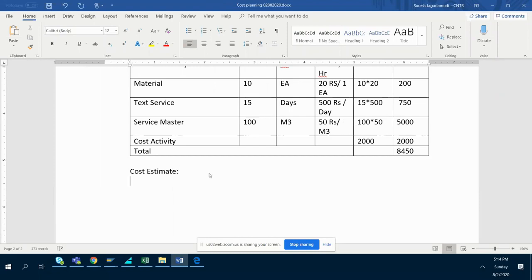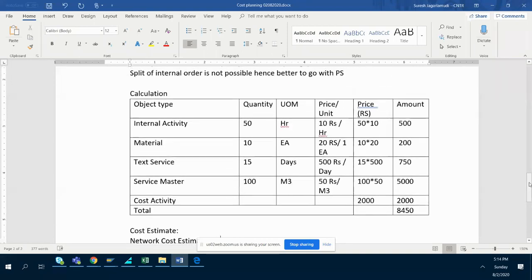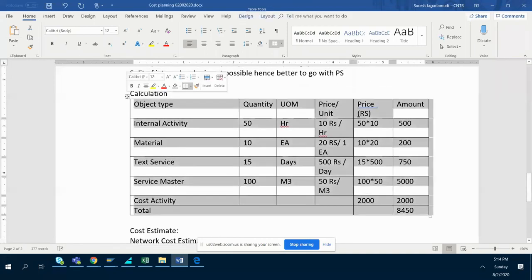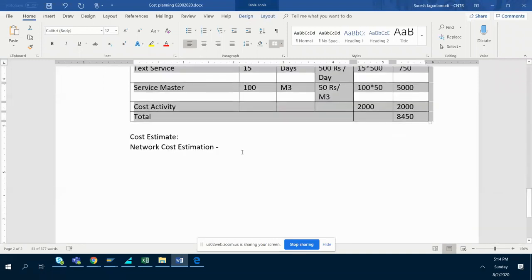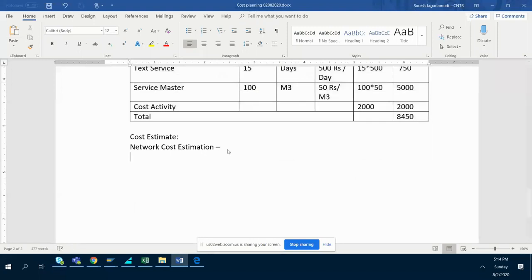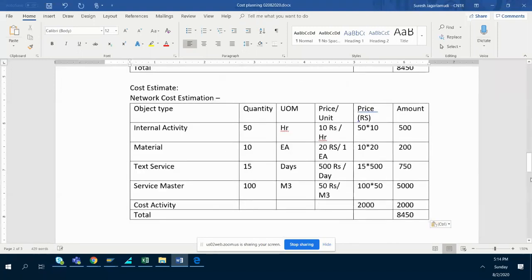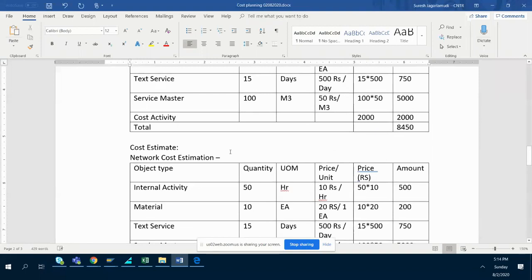Is network cost estimation. So here, whatever we have used above, the same thing is applicable here. This is nothing but network cost estimate, which is very important and complex, by the way.